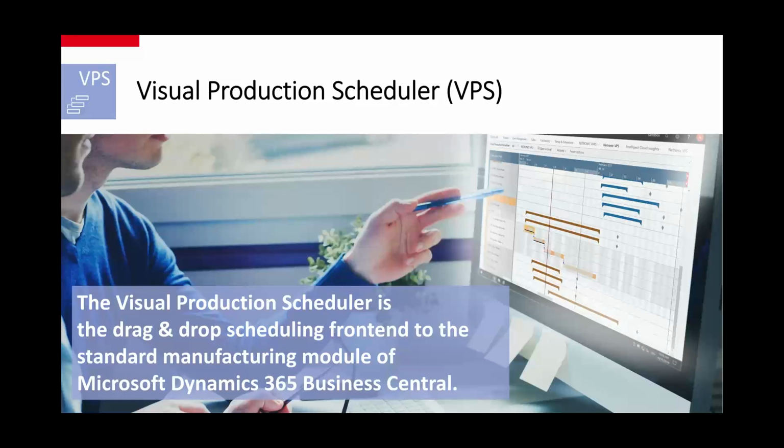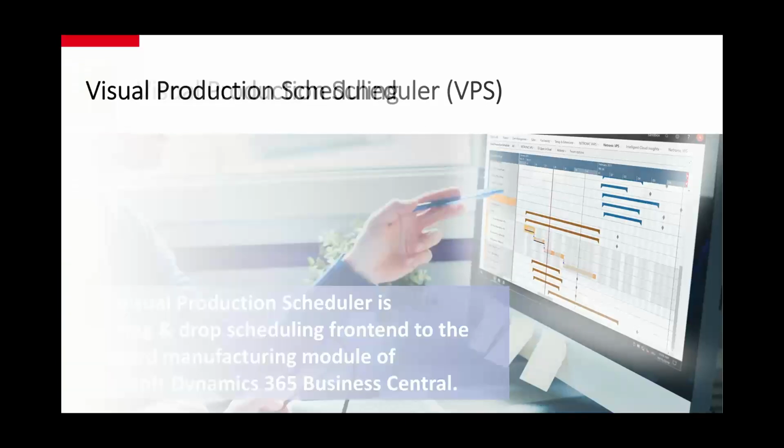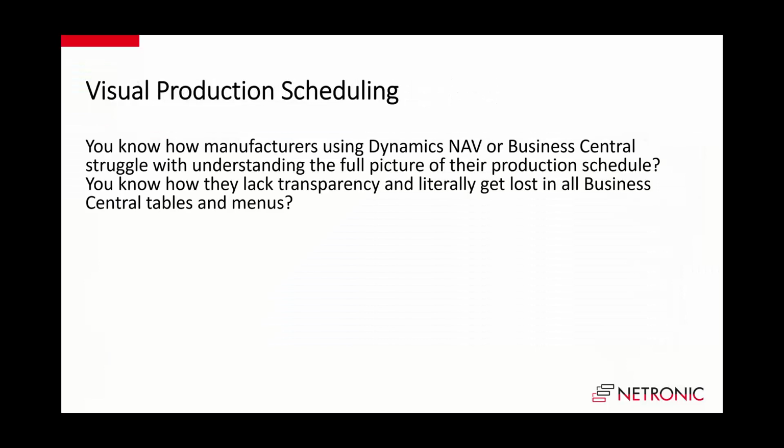And when I get asked, hey, what is visual production scheduling all about, then typically I say the following to somebody who is at least a bit familiar with Business Central. If you are in Business Central, or if you're a bit familiar with Navision, then you know how manufacturers that use either Navision or Business Central struggle with understanding the full picture of their production schedule.